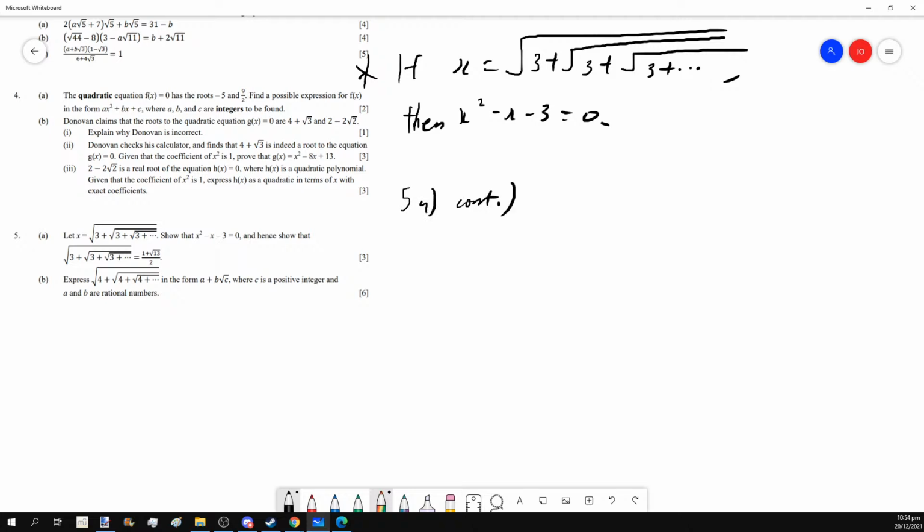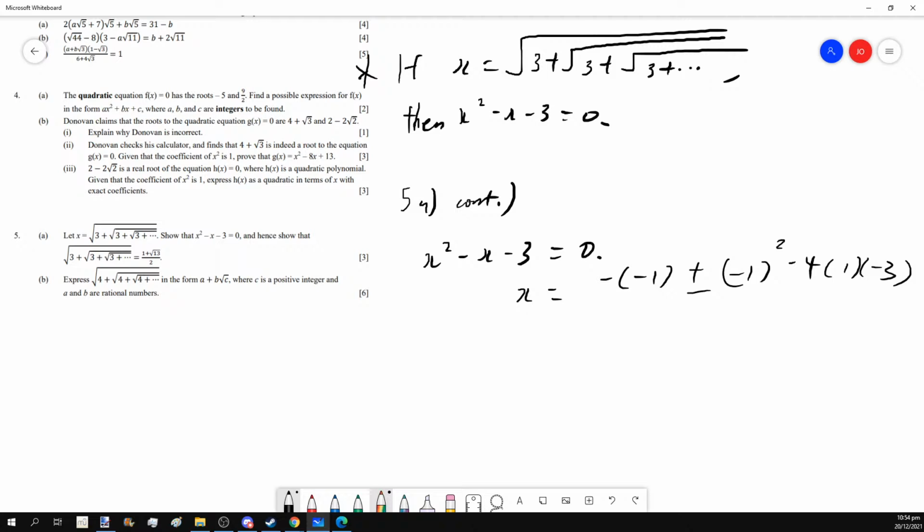So let's continue. If we have x squared minus x minus 3 equals 0, then we can go on to say that x is equal to negative b plus minus the square root of b squared minus 4ac, as per the quadratic formula, then divided by 2a.